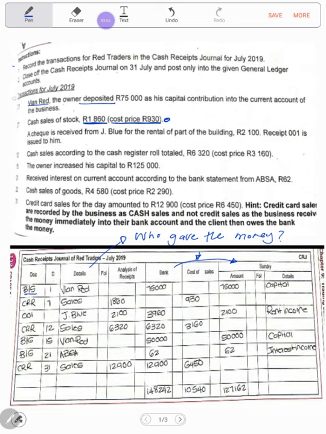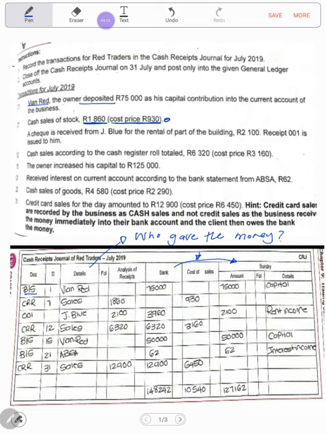Trading businesses actually sell goods. They sell products that we can feel, it's tangible. We can smell it, if it has a smell, we can touch it. Examples of trading businesses are Spar, Pick n Pay, Makro. They all sell products.